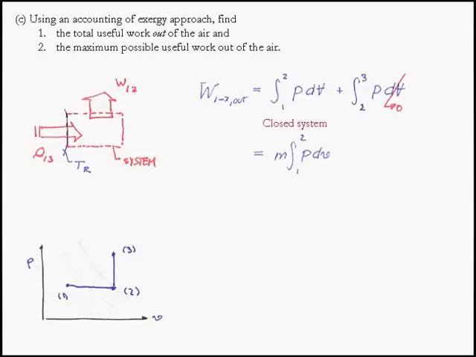So I can take M out of this, and I've also conveniently picked this to be a constant pressure process, which means I can pull P out of the integral, and I have simply the integral of dV, which is nothing more than delta V. So I'm in good shape here. If I can only find V1 and V2, since I'm given M and P1, I can get a number for the work out of the system.